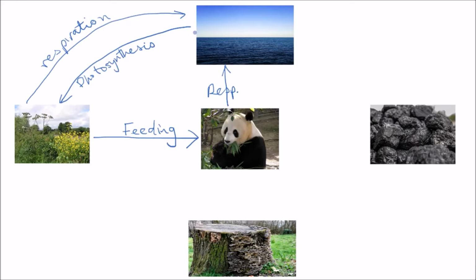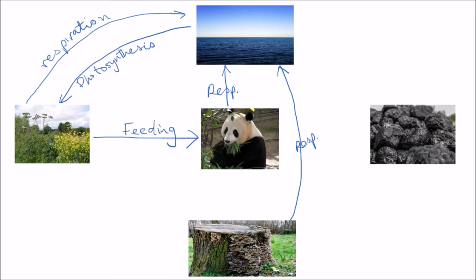So plants are respiring and they're also doing photosynthesis. Animals are respiring, breathing out carbon dioxide into the air. The microorganisms that feed off of dead organisms also respire, and they also give off carbon dioxide into the air. So this is also respiration. So it's starting to look a bit like a cycle now, but there's more to go.